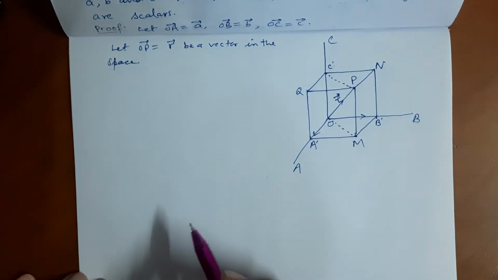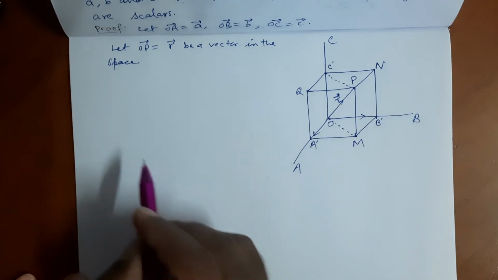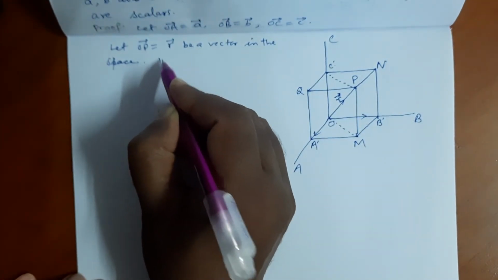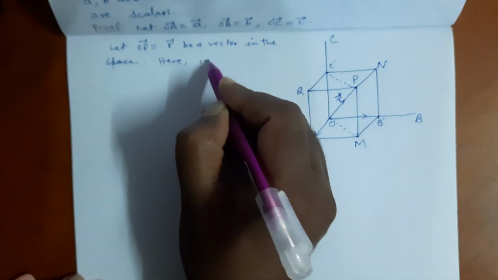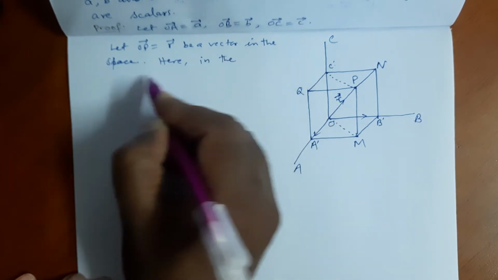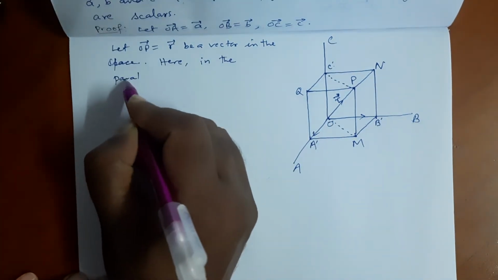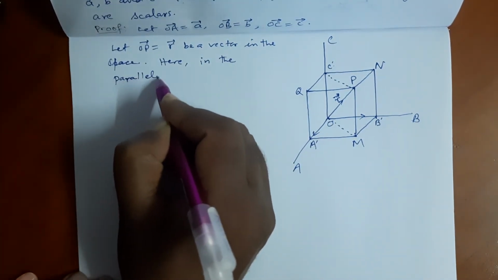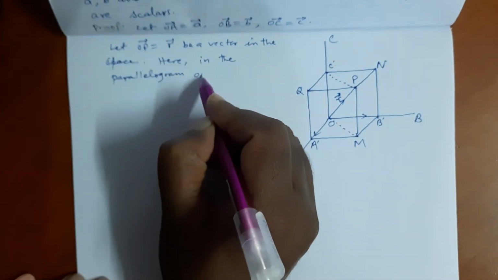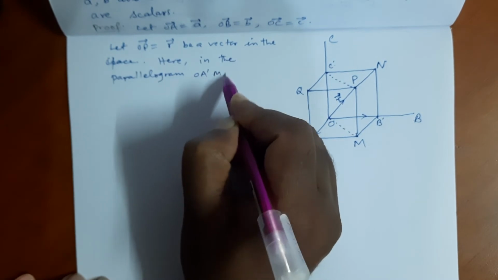All right, so now here in the parallelogram OA dash M B dash.